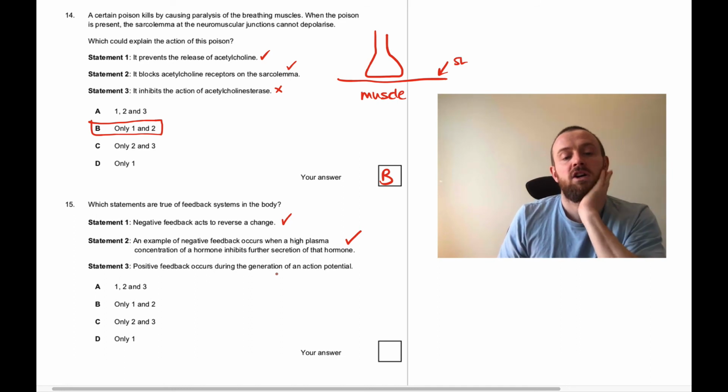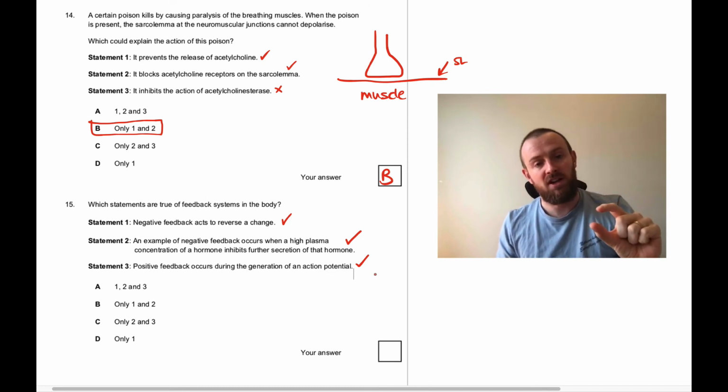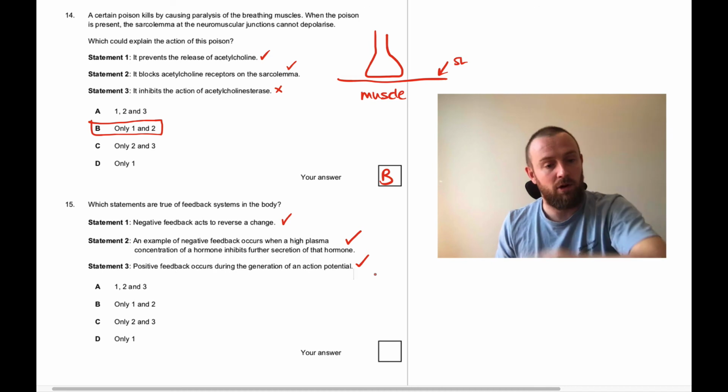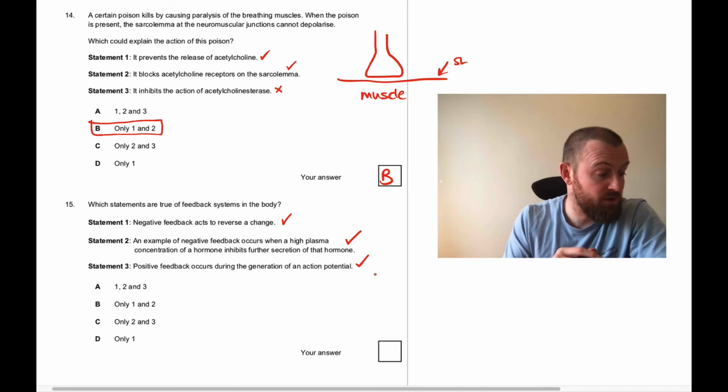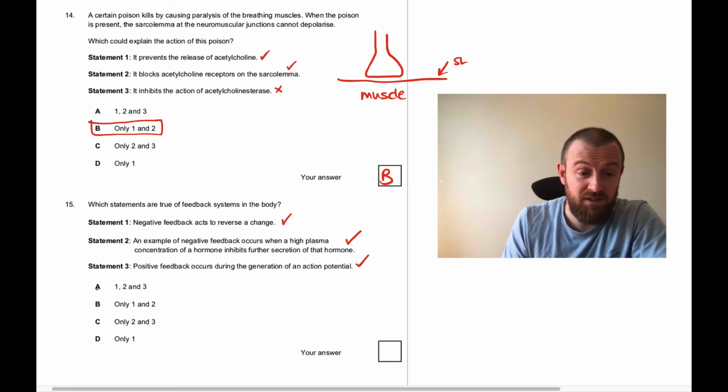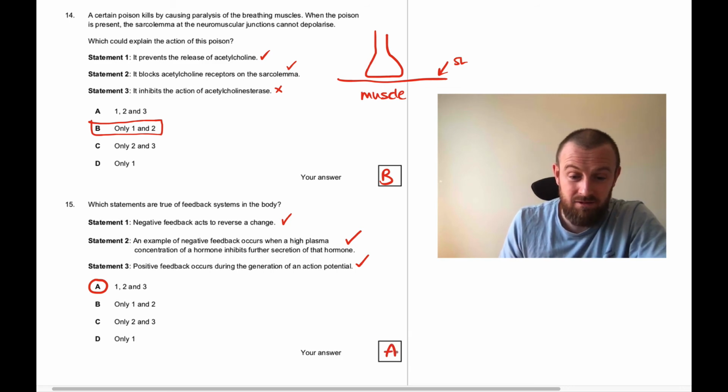Positive feedback occurs during the generation of an action potential. Yes, because a small depolarization, if it gets to a threshold, causes a larger depolarization. So that is also a positive feedback loop. So the answer, therefore, is 15A. 1, 2, and 3 are all correct.